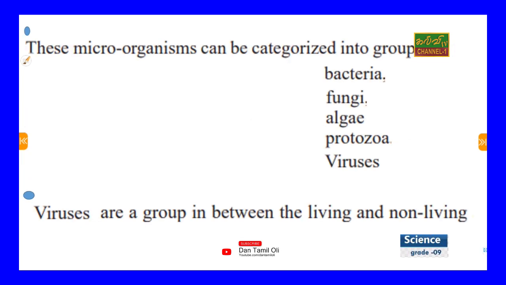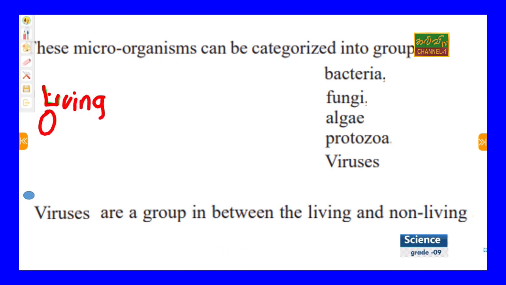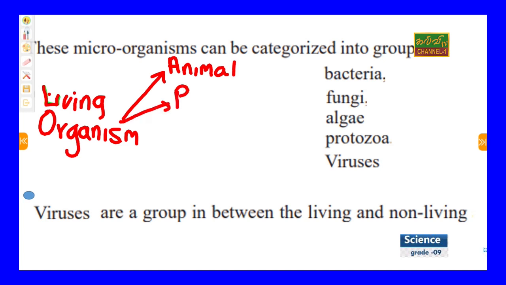These microorganisms can be categorized into groups as bacteria, fungi, alga, protozoa. That means we already studied living organisms, right? Living organisms can be grouped as animal and plant and microorganism.